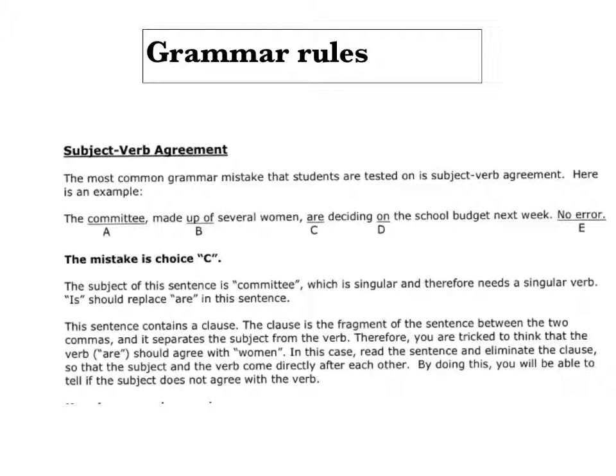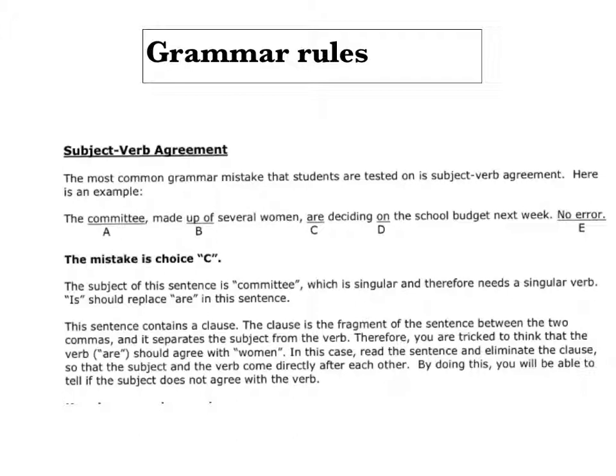The biggest one is subject-verb agreement. Okay, so an example is: a committee made up of several women are deciding on the school budget next week. So the committee, right? That would be the subject of your sentence. That's what the sentence is about, who it's talking about. Committee is a singular thing. A big group is one committee.